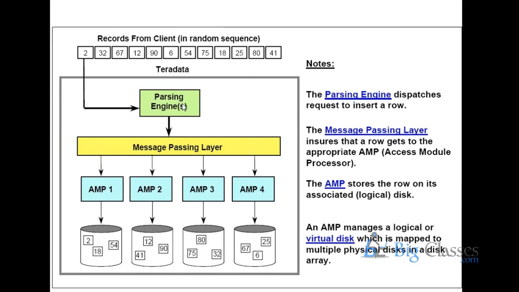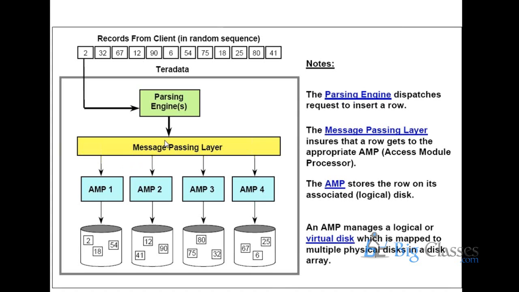The parsing engine will take that request, do the syntax and semantics checking, then via the message passing layer it will pass it on to all the AMPs. Then all the AMPs will perform the task on the respective disk, get the data and send it to the message passing layer. At the message passing layer, all the result sets get accumulated, and then the consolidated one will be sent to the client.